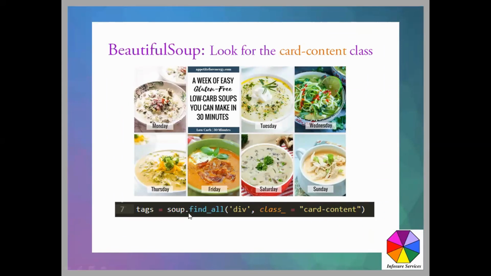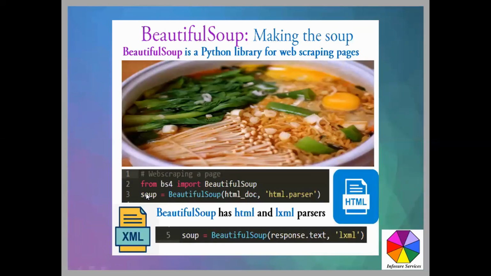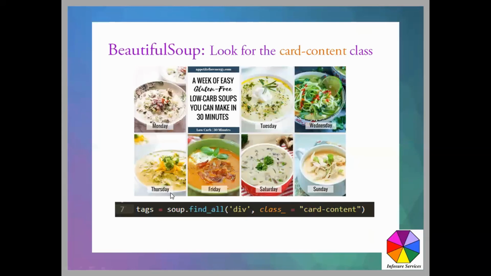Now soup.find_all. What is this? I took an object called soup equal to BeautifulSoup. I use this module to read the page and parse it with the HTML parser. The entire content will come to the soup. This variable is an object of Beautiful Soup, which will just have the page.